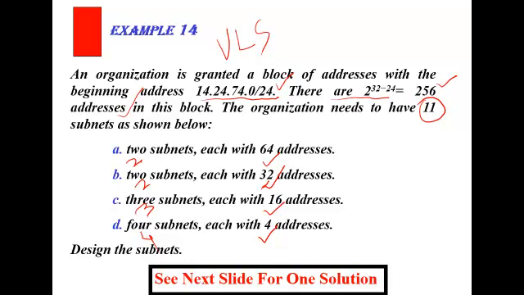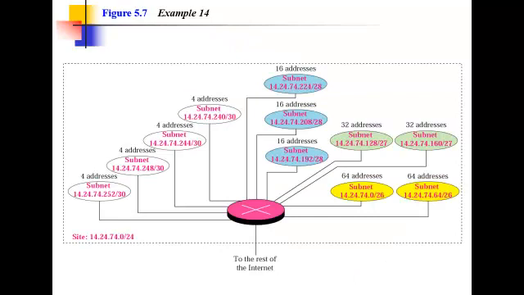Now we can clearly say it's a variable length subnetting question because all the subnets have different numbers of hosts. So first see the arrangement. The first address will be your site address, which will be associated with the router, and the router is already attached to the rest of the network.